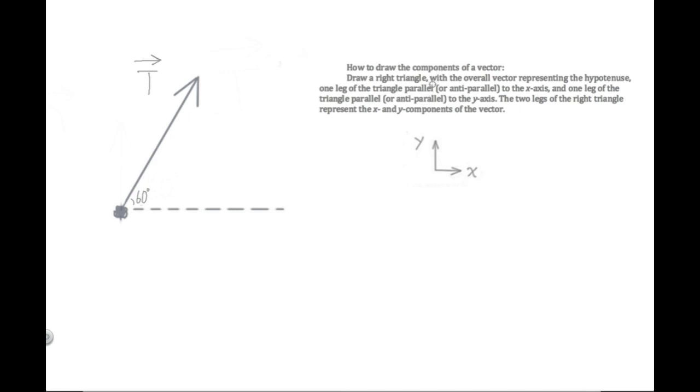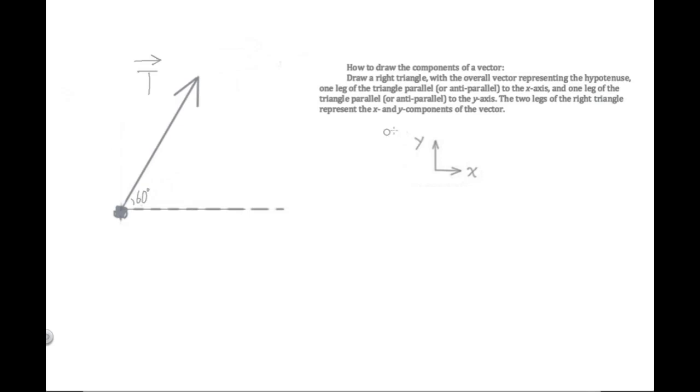Here's the method for drawing the right triangle. We want the overall vector to represent the hypotenuse. So this line will represent the hypotenuse. Then we draw one leg of the triangle parallel to the x-axis. So through this point, I'll draw a line parallel to the x-axis. It overlaps with our dashed reference line.